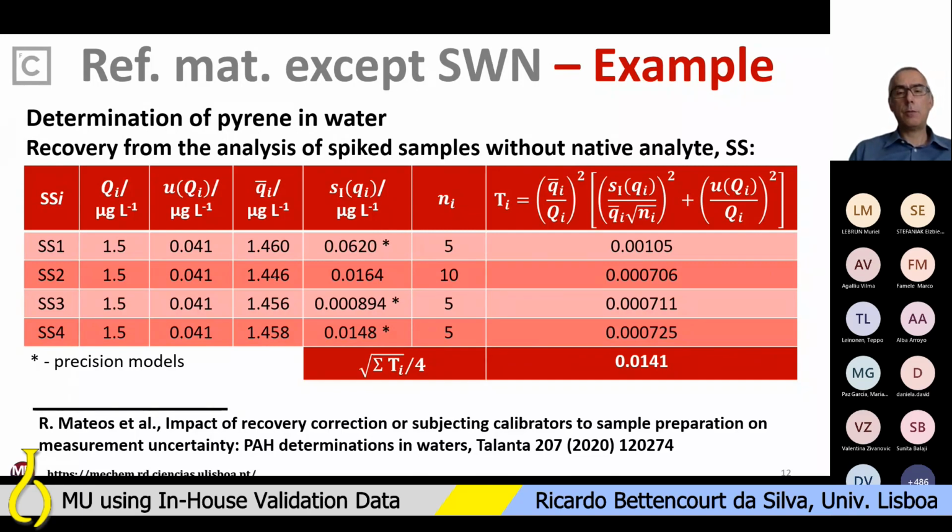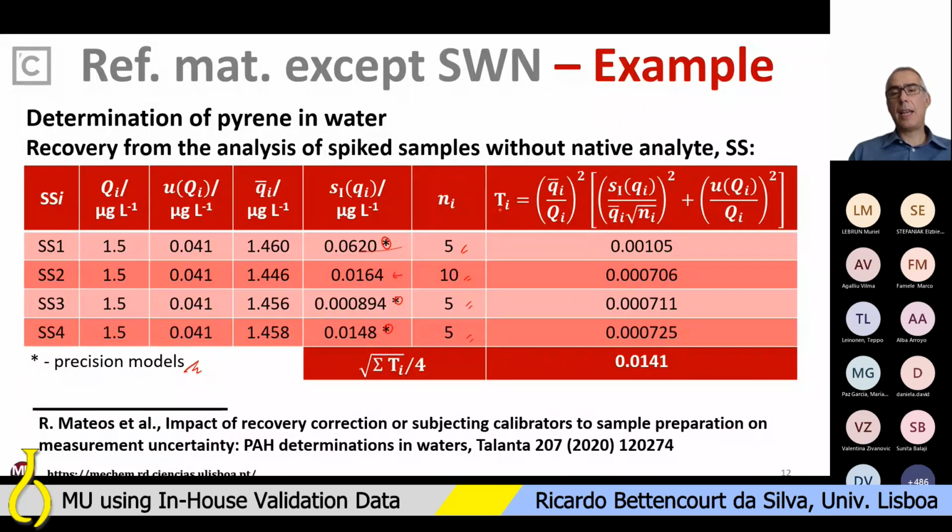In this case we measured 5 times, 10 times, 5 times, and 5 times. And here we have the precision standard deviation. In these 3 cases, this was not estimated from the 5 replicate analyses in 5 days. It was estimated from precision models, and here it was estimated directly from the 10 results. So this is the precision.